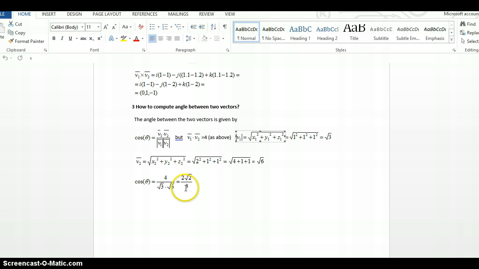So root 3 times root 3 will give us 3, and we are left with root 2.